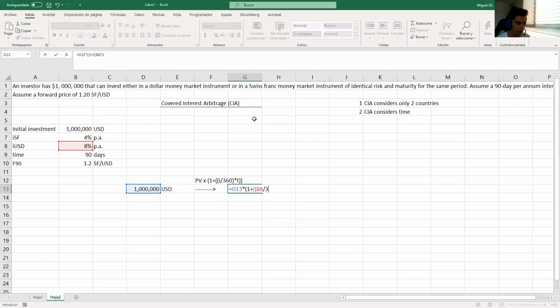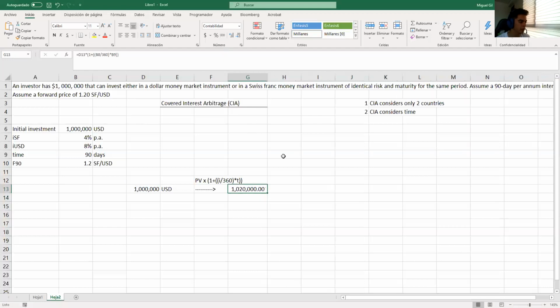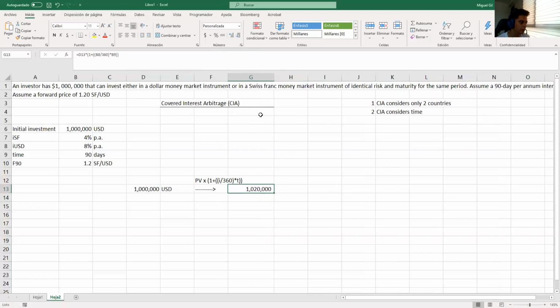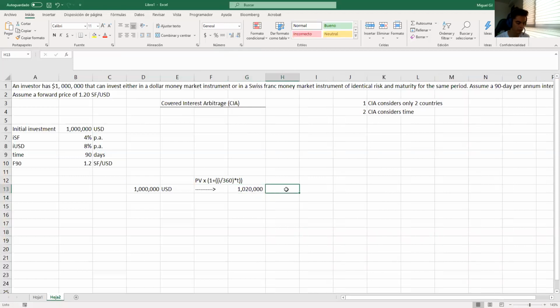That over 360, then times the time, in this case 90 days, and then you close the parentheses, and you get this number, right? 1,020,000. And this is dollars too. So this is the amount of dollars that you get in the future if you stay in the US.